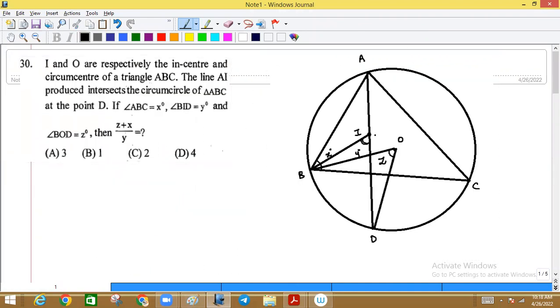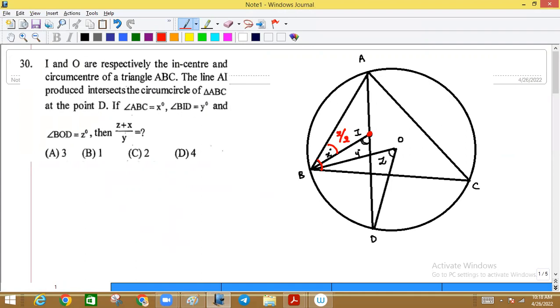Try to understand. I is what kind of center? Incenter is basically the intersection point of the angular bisectors. So BI is an angular bisector. The entire angle B is x degrees. Therefore, can I say ABI is x by 2 degrees?